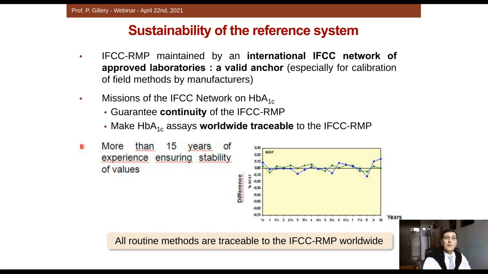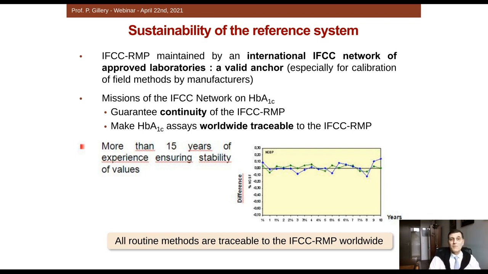This reference measurement procedure, or RMP, is maintained by an international IFCC network of approved laboratories, and this network constitutes a valid anchor, especially for calibration of field methods by manufacturers. The missions of this network are to guarantee the continuity of the IFCC RMP and to make HbA1c assays worldwide traceable to the RMP.